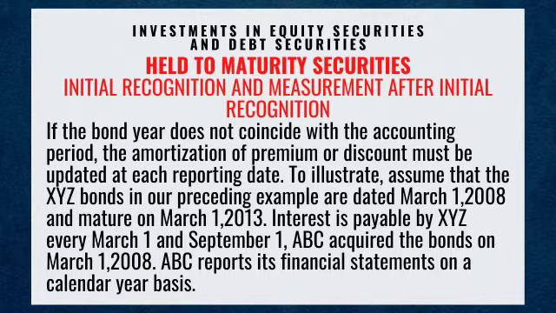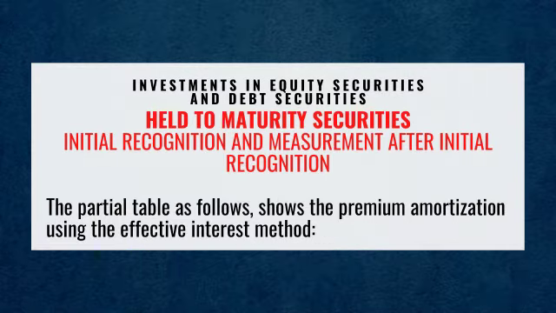ABC acquired the bonds on March 1st, 2008. ABC reports its financial statements on a calendar year basis. The partial table as follows shows the premium amortization using the effective interest method.